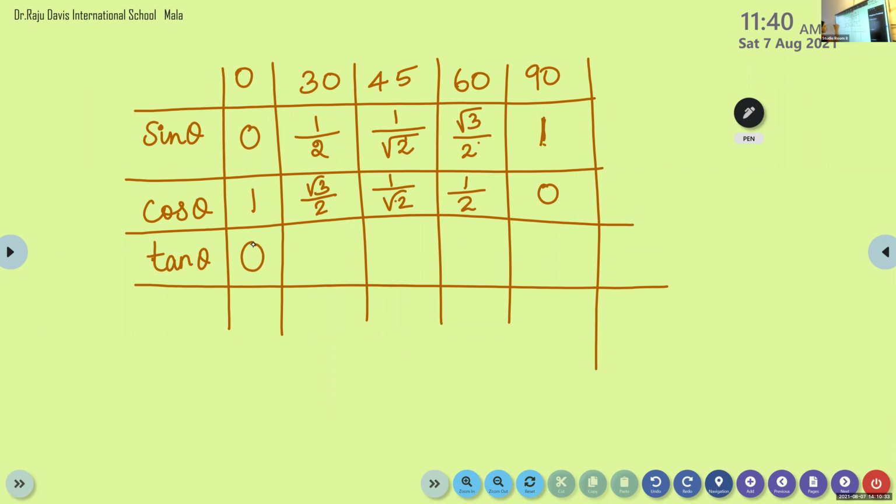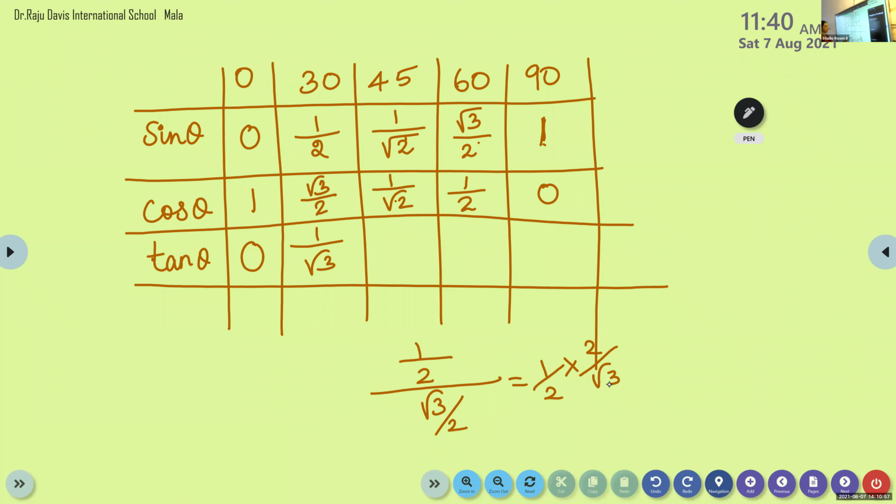What is 1 by 2 by root 3 by 2? Root 3 by 2, 1 by root 3, isn't it? Tan is sin by cos. Division of fraction means multiplication by reciprocal.